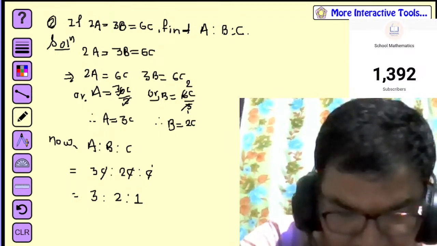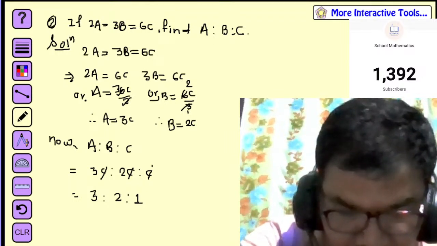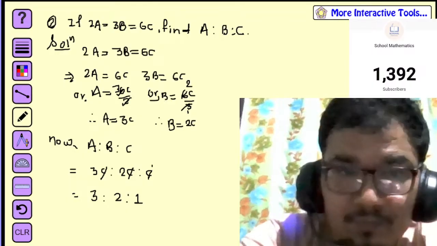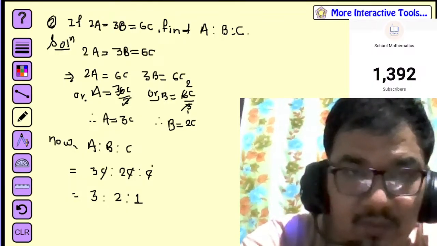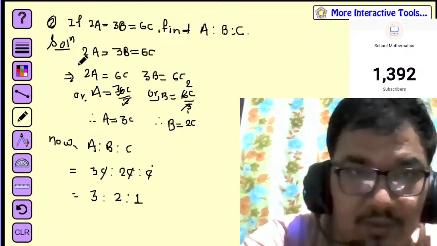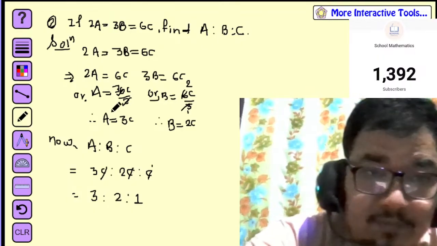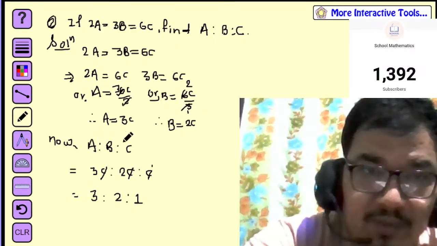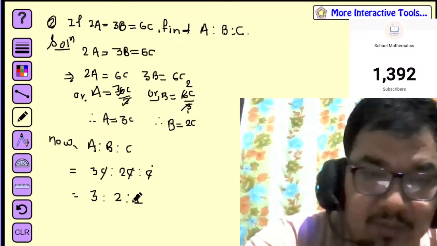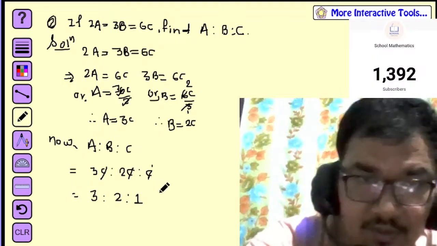If you need help with any question solution, you can say the question here. I can help. Just now I solved one question from the ratio, this one, a is to b is to c. How to find it out? We can solve this by different methods. This is not the only one method, there are other methods also.